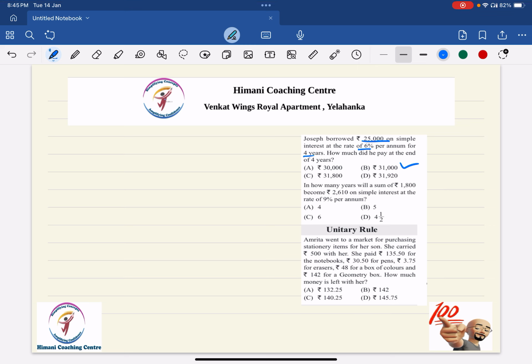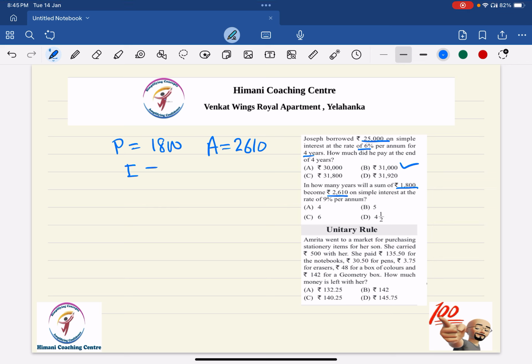Here the question says, in how many years will a sum of 1,800 become 2,610 on simple interest at the rate of 9% per annum? Now, students, we are given principal, which is 1,800, and we are given amount, which is 2,610.